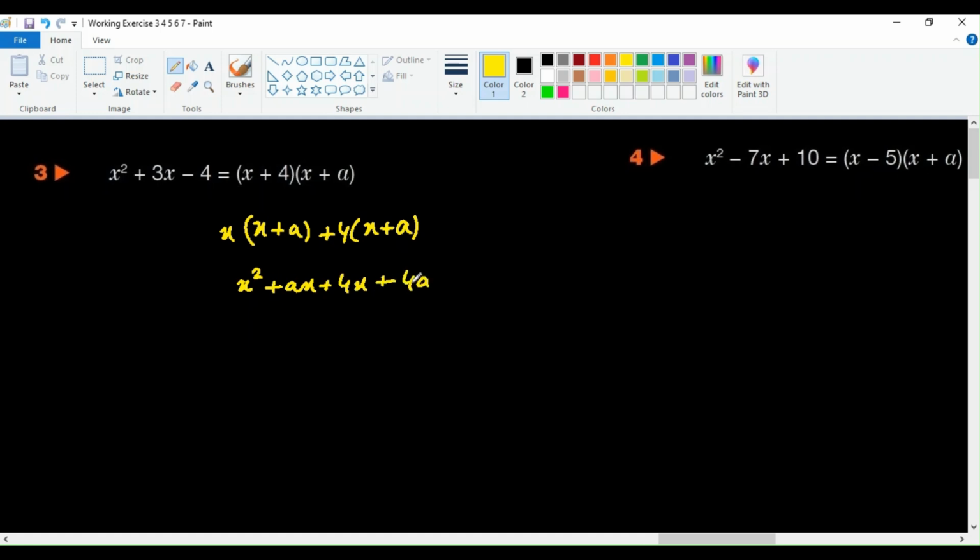Now I'm choosing the last one, 4a equals minus 4. As you can see here, minus 4 is equal to plus 4a. So I will write this way, and I know very well that a equals minus 4 over 4, means a equals negative 1. So the value of a is negative 1.